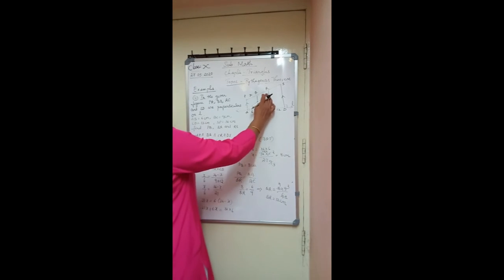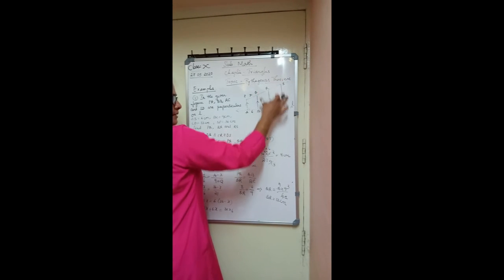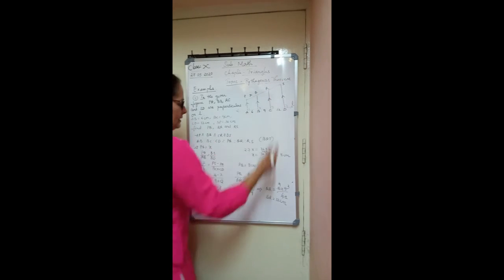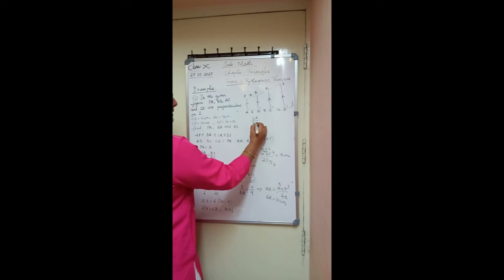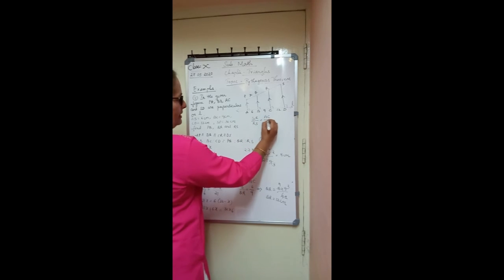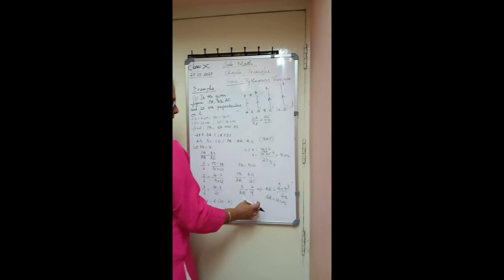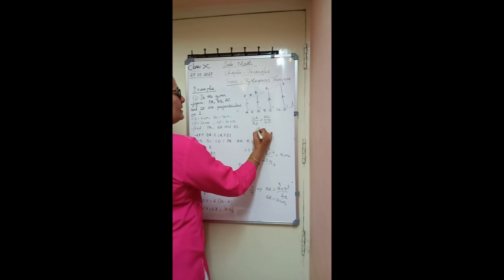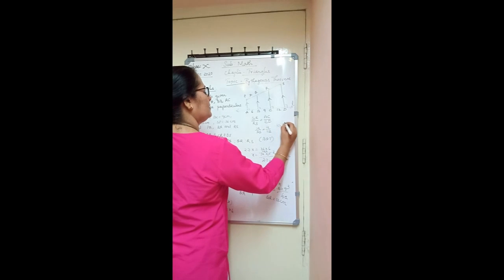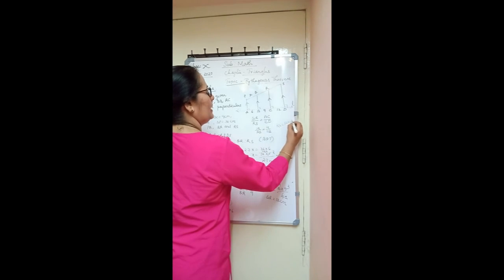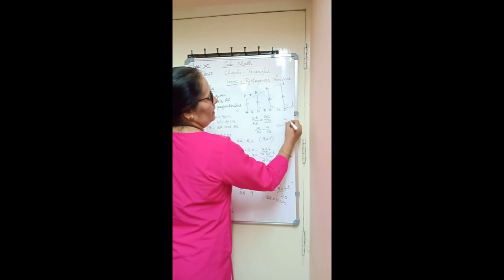QR is 12 centimeter. Similarly, apply another ratio. You will get RS. That is QR by RS equals BC by CD. So QR, what we got here? 12 by RS equals 9 by 12. So RS equals 12 into 12 by 9. 3 4s are 12, 3 3s are 9, 3 16s are 48.